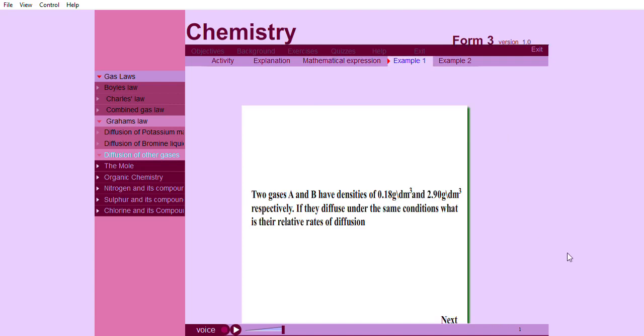Two gases A and B have densities of 0.18 grams per cubic centimeter and 2.9 grams per cubic centimeter respectively. If they diffuse under the same conditions, what are the relative rates of diffusion?